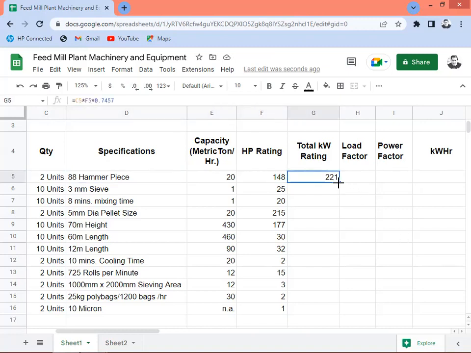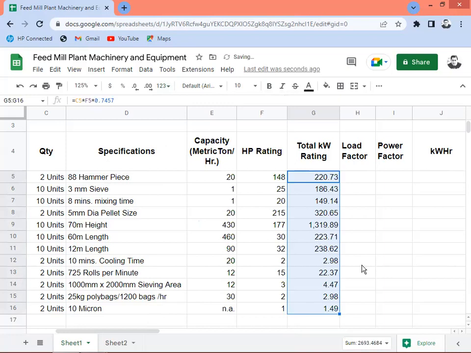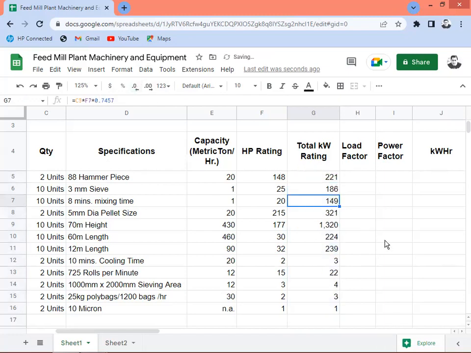Then what I'm going to do is just copy it down. This would be my kilowatt rating. I'm going to format it in number format, then just remove the decimal places. Okay, that's it.